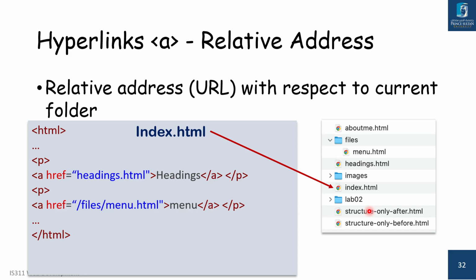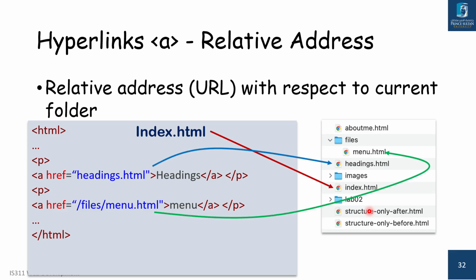And when I say menu, what I'm saying here is, inside the current folder there is a folder named files. Go into that files folder and open menu.html. Is it clear? So these are called relative addresses. Based on the current position of that file, whatever other resources we want to access are relative to the current folder or current position, so we call them relative addresses.